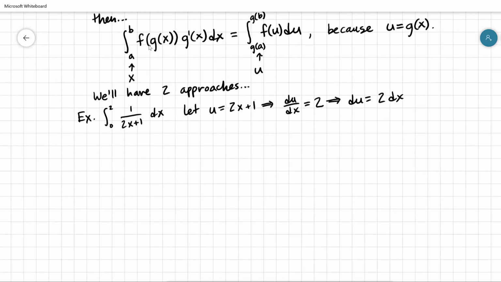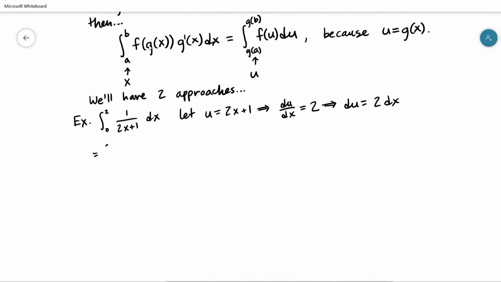And so I'm going to rewrite this whole thing as the integral from 0 to 2 of 1 over 2x plus 1, and I'm going to force an extra factor of 2 here, 2 dx, and to account for that factor of 2 that I added in, I'm going to put a 1/2 out in front of everything. So let me not crowd that. So there's the equivalent expression. And now I've got, again, this is just my du. This whole piece looks like a 1 over u.